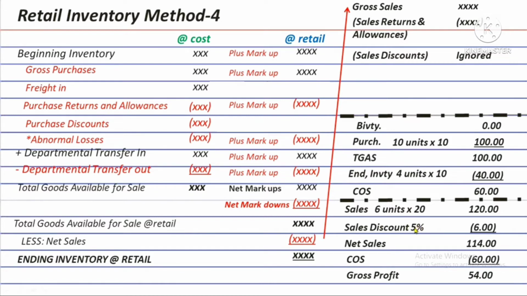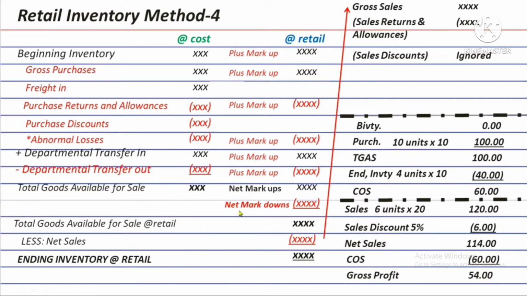Maybe because the customers purchased on account, but even if they purchased on account, they paid within the discount period. So 5% was given to them. So 5% of 120 is 6, right? Let's deduct that from the sales to get the net sales, and we will get a net sales of 114. So net sales minus the cost of sales, which was computed earlier at 60, then the gross profit is 54.